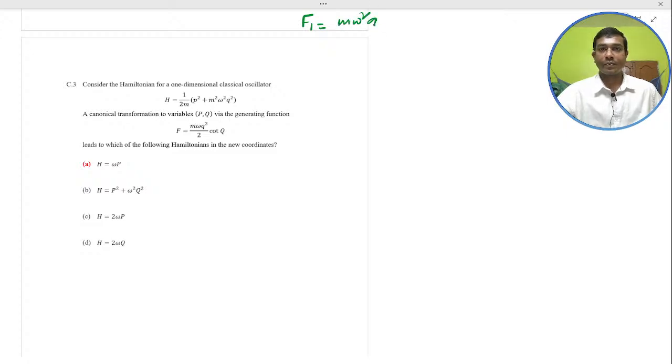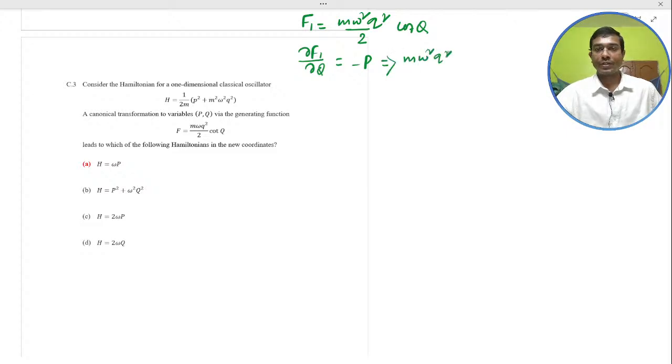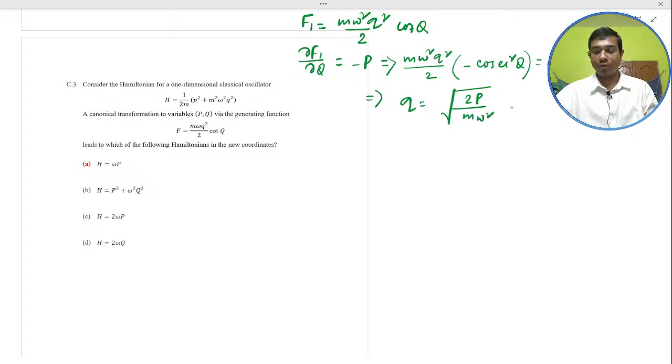F1 equals m omega q square by 2 cot Q. Now, del F1 del Q is equal to minus P. So, m omega q square by 2 times minus cosec square Q is minus P. It implies that P equals m omega q square by 2 times cosec square Q, that is q equal to the square root of twice P by m omega sin Q.